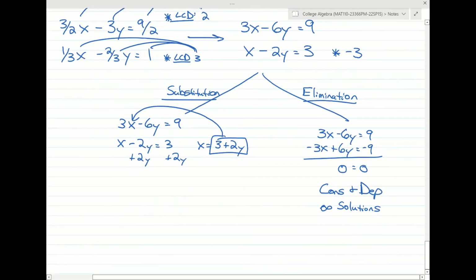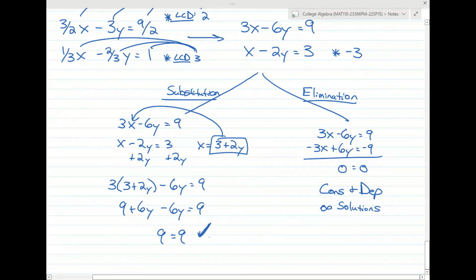It does seem like quite a bit more work, but it should all work out to the same answer. 3 times 3 plus 2y minus 6y is equal to 9. So 9 plus 6y minus 6y equals 9. Last I checked, 9 was equal to 9, right? So you get the same exact answer. If you get the same thing on both sides of the equal sign, it's called consistent and dependent.